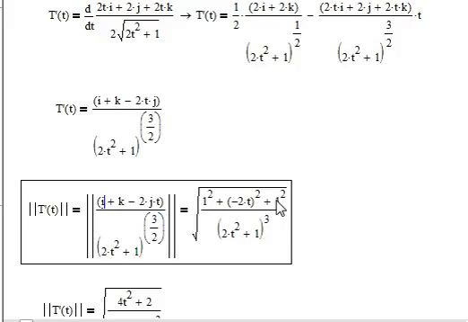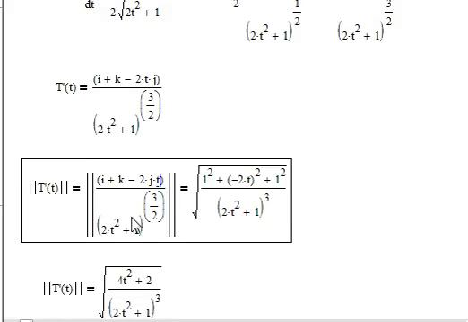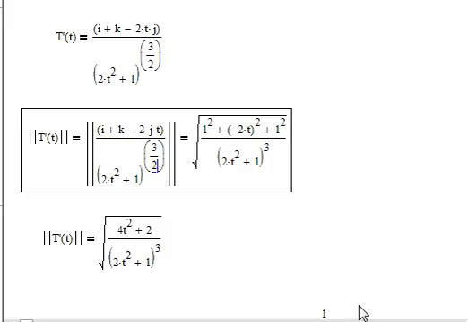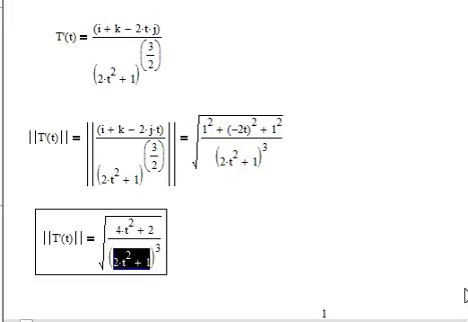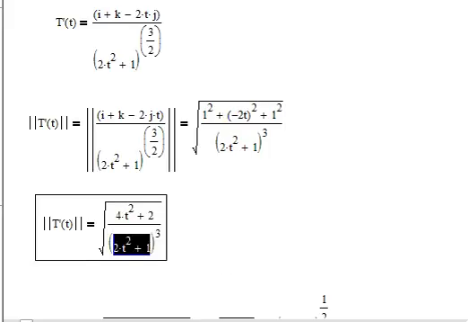So 1 squared and 1 squared and negative 2t squared, divided by this squared. So there's that. Squaring that just drops off the 2. And so we wind up with this function, 4t squared plus 2 divided by 2t squared plus 1 cubed, and all that's under a radical.